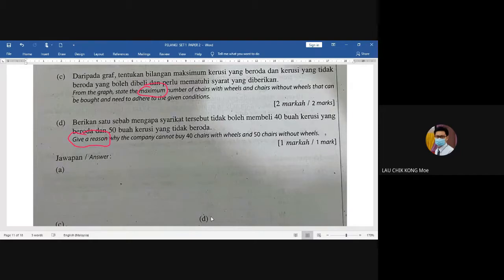Give a reason why the company cannot buy 40 chairs with wheels and 50 chairs without wheels. 40, 50.